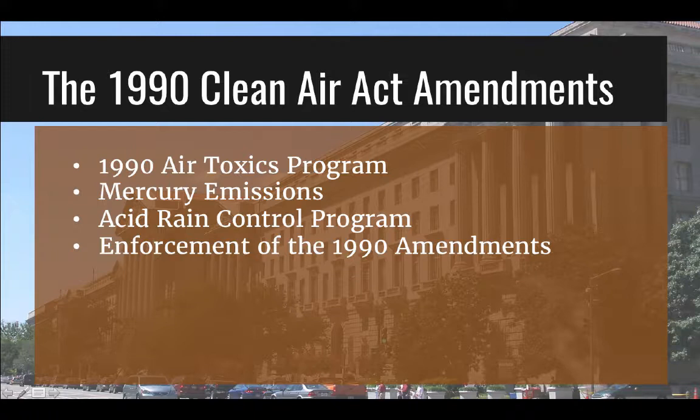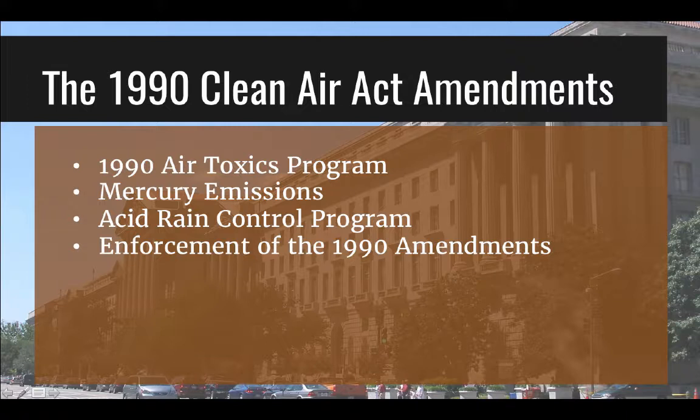In 2005, the Clean Air Mercury Rule removed power plants as sources of hazardous pollution and did not require mercury emission reductions at all. This mercury rule was struck down in 2008 by the Federal Court of Appeals in New Jersey versus EPA as a violation of the Clean Air Act.